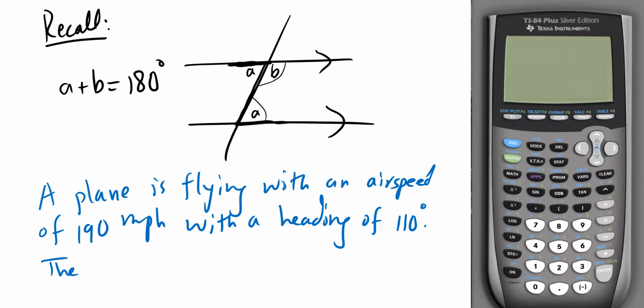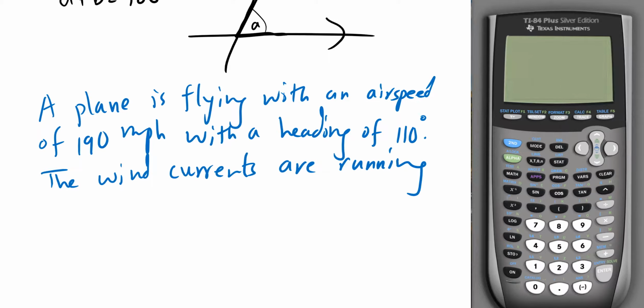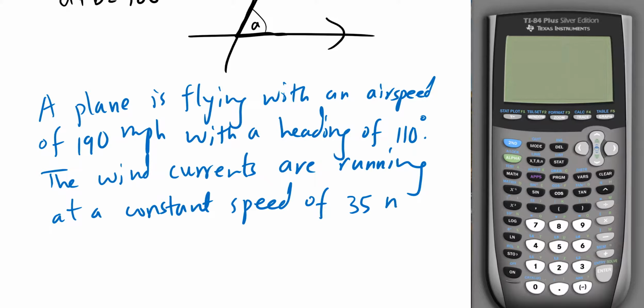The wind currents are running, so there is a wind existing, running at a constant speed of 35 miles per hour at 135 degrees. That's the angle of the wind clockwise from due north.